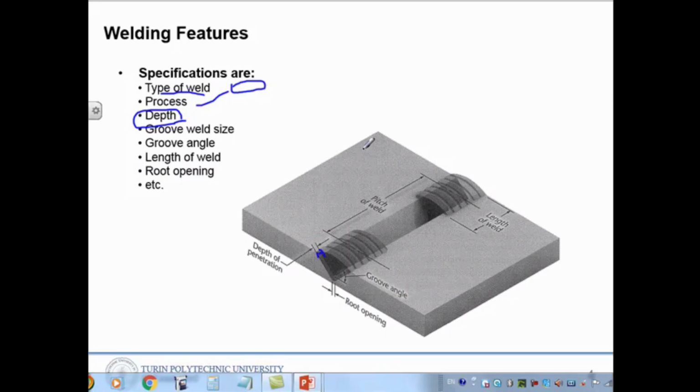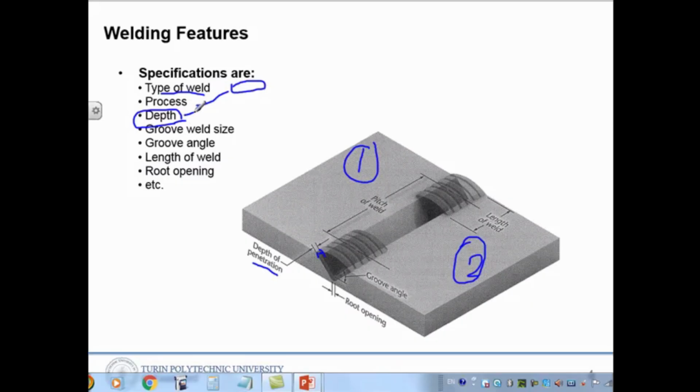Here you can see that the depth is shown. Two metal plates are given, plate 1 and plate 2. To join them, we are making two weldments here. The first one, this area, shows the depth of penetration of the fillet, and the size is this.